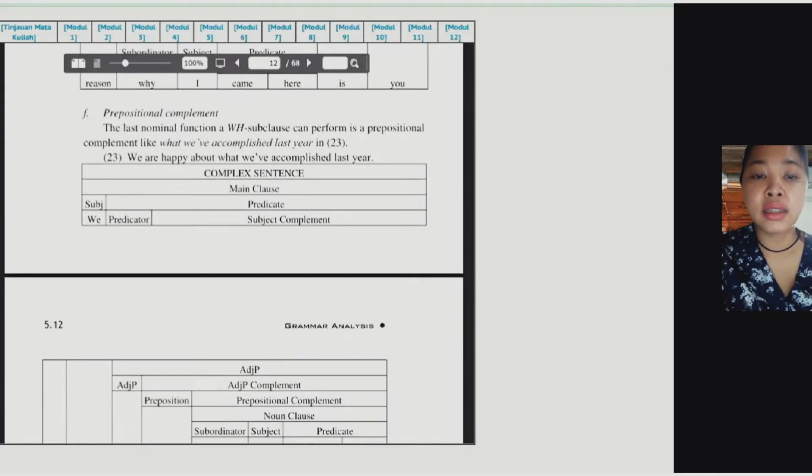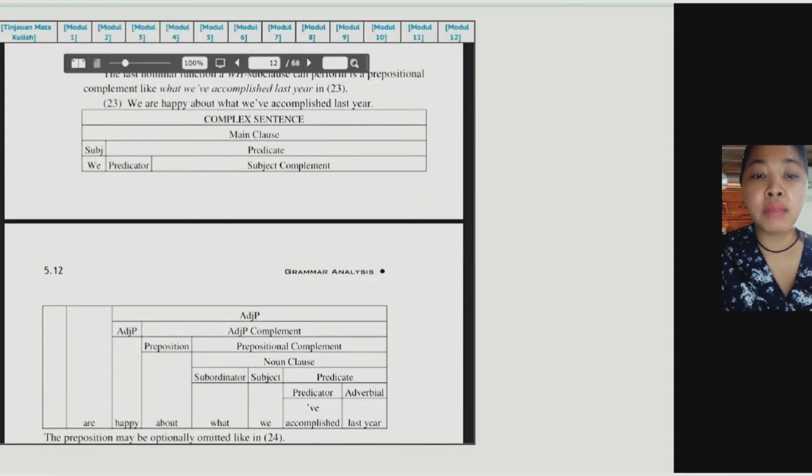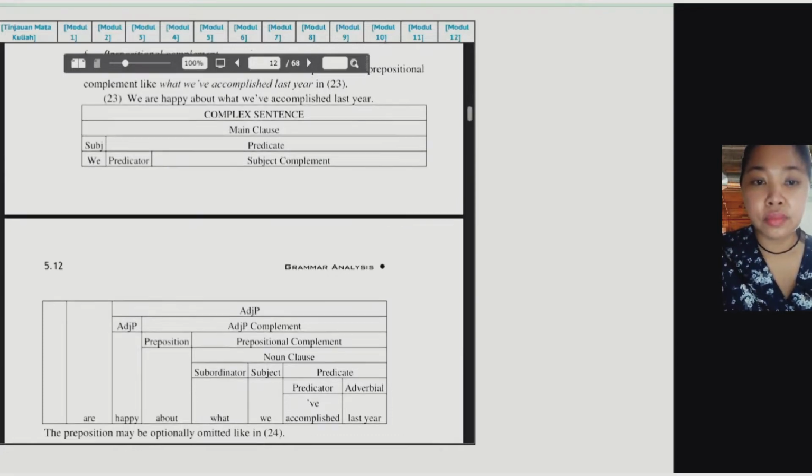Inside it is subject, predicator, and subject complement. Like, we are happy about, that's part of the preposition, what we accomplished last year.